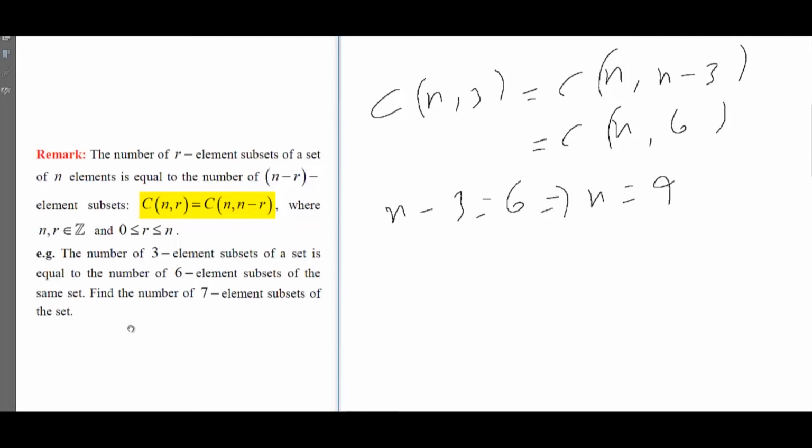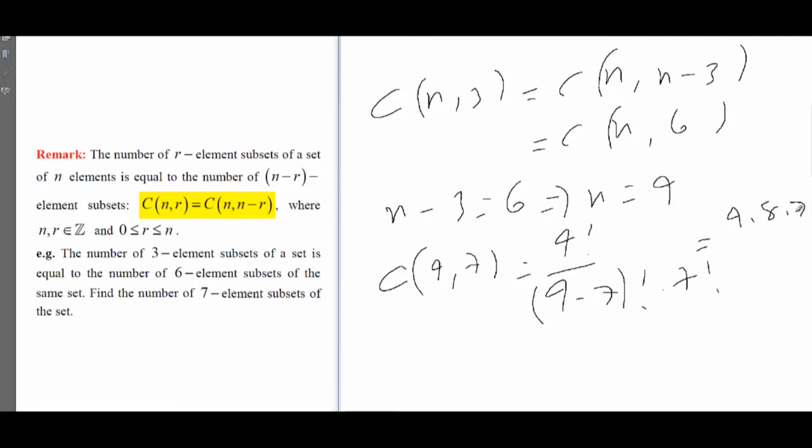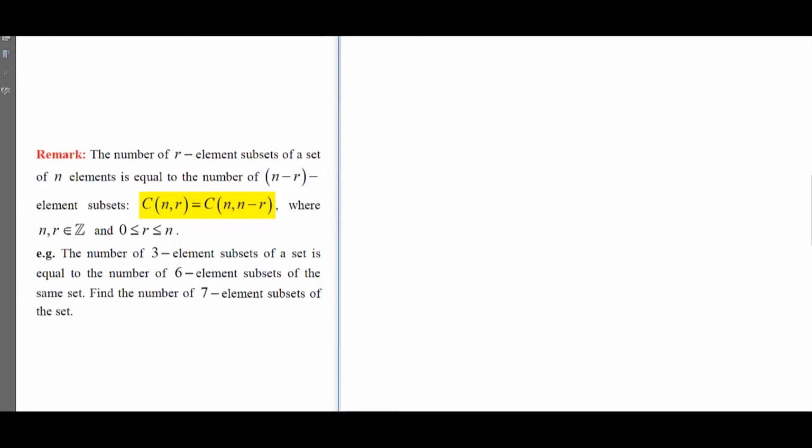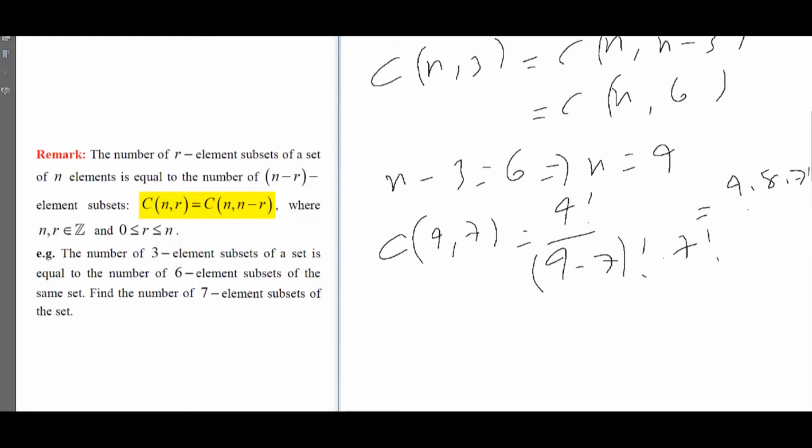But the question says to find the number of 7 element subsets of the set. As we know, we found the total number of elements as 9. So we can find the 7 element subsets. Combination of 7 from 9 is equal to 9 factorial over 9 minus 7 factorial times 7 factorial, which is equal to 9 times 8 times 7 factorial over 2 factorial times 7 factorial.